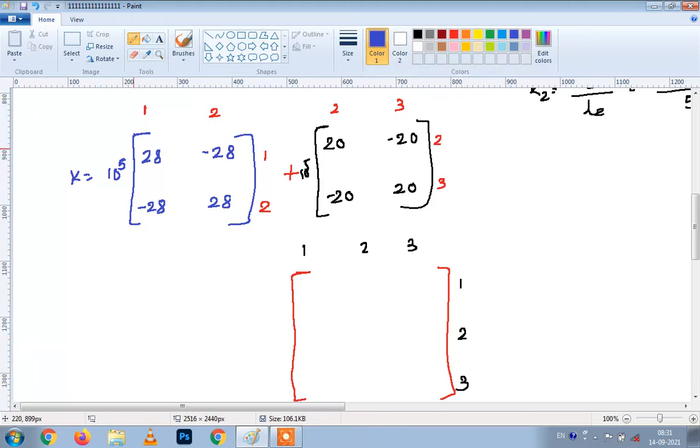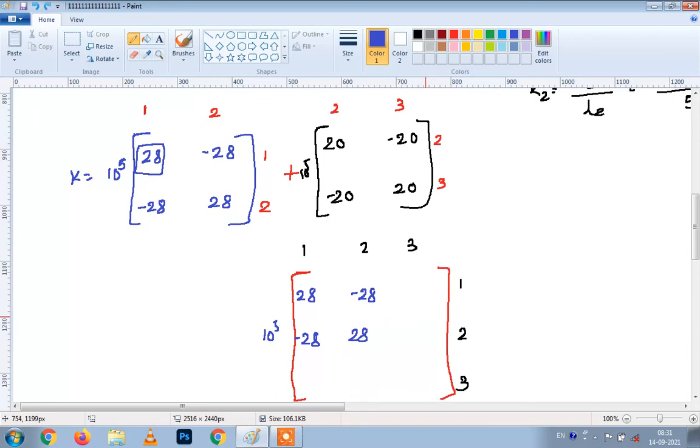Now the location of this is first row, first column, so I will write 28, with 10 raised to 5 outside the bracket. Here, first row second column, will be minus 28, and second row second column, 28. Similarly, here it is written 2 3 2 3, so it will fit in this location.